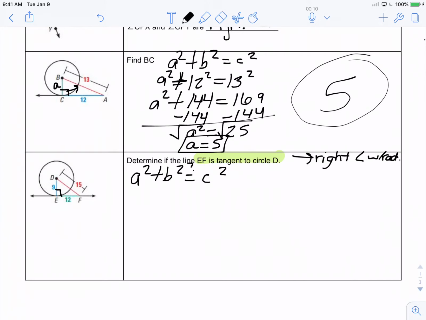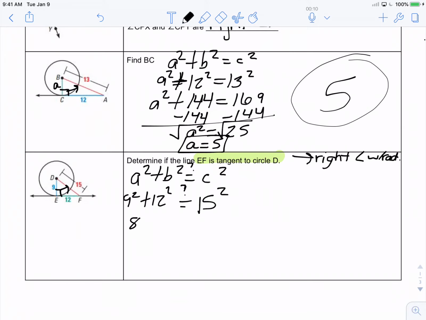So I'm just going to plug values 9, 12, and 15 into A, B, and C to see if they are equal. So I know that across from my right angle is my hypotenuse, which is C. So 15 squared is 9 squared plus 12 squared, possibly.